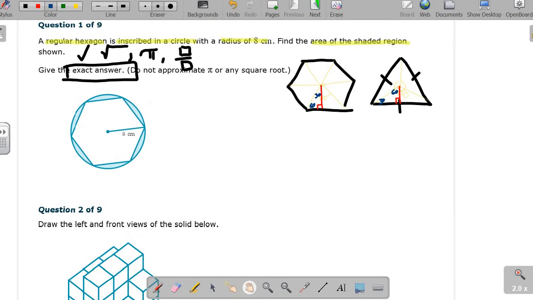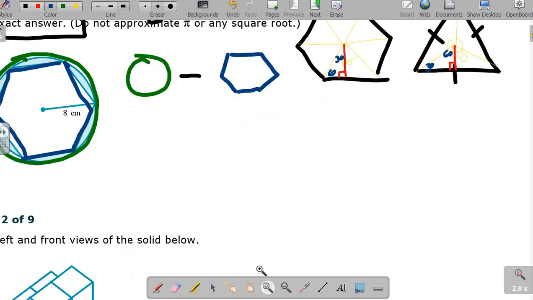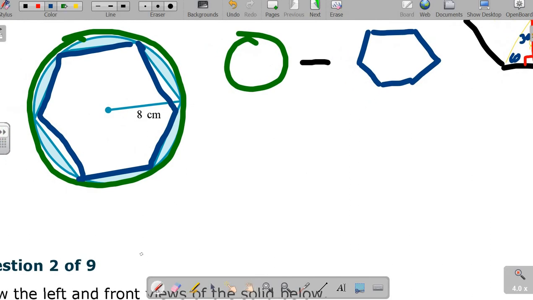We want the shaded region. Let's make an image. We're going to go circle minus hexagon to get the shaded region. Circle minus hexagon.